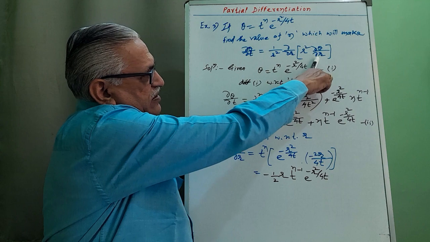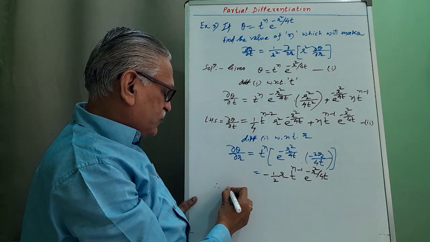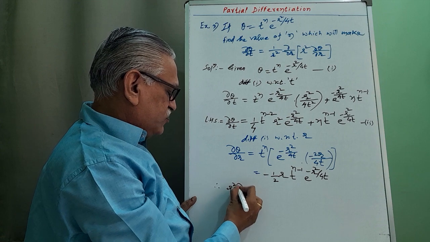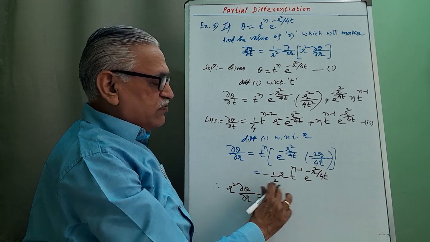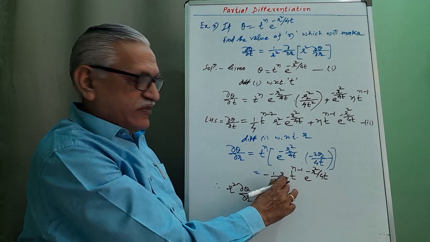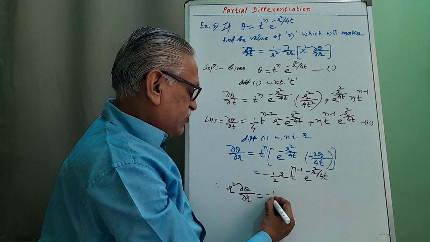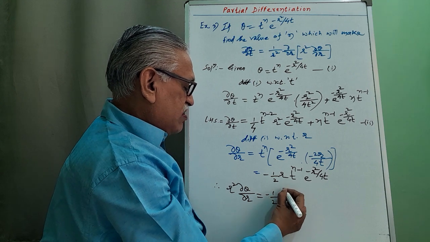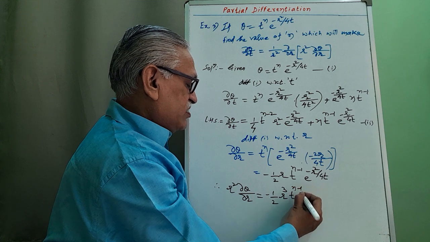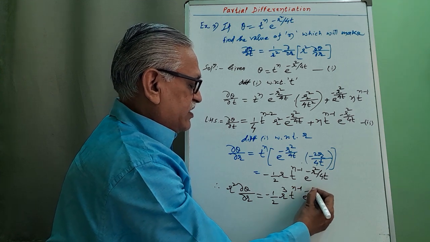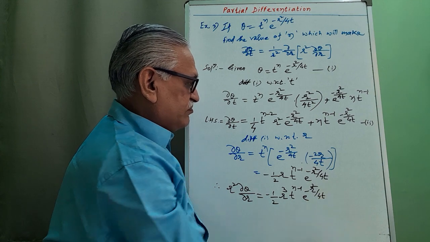Then whatever that result, we have to multiply it by r square. Multiplying by r square on both sides, we get r square into dou theta by dou r is equal to, multiplying this by r square, that r and r square will become r cube, therefore it becomes minus 1 by 2 r cube t raised to n minus 1 e raised to minus r square by 4t.